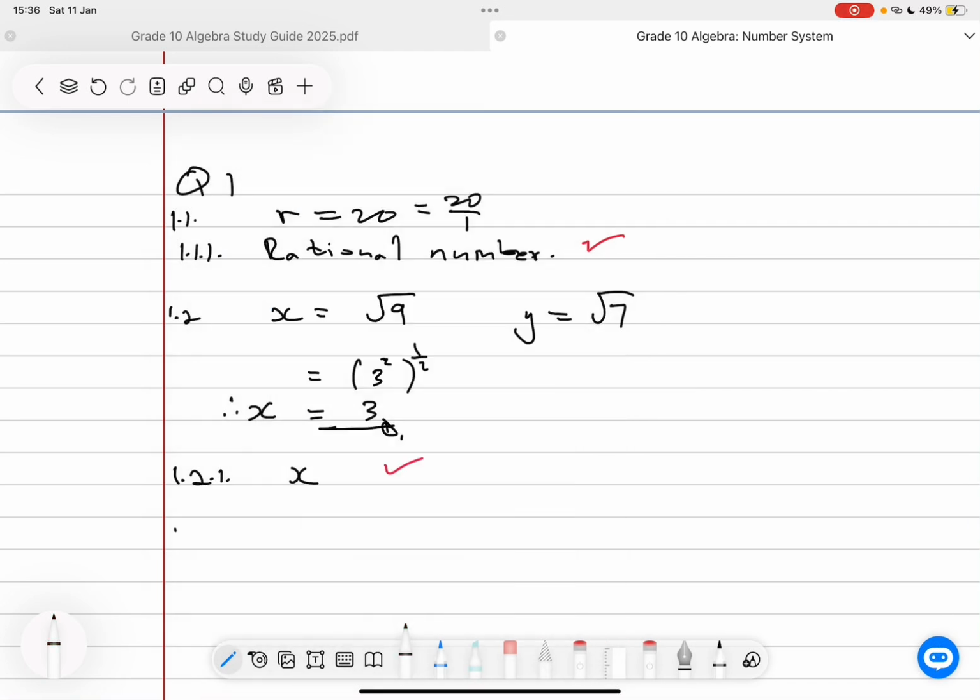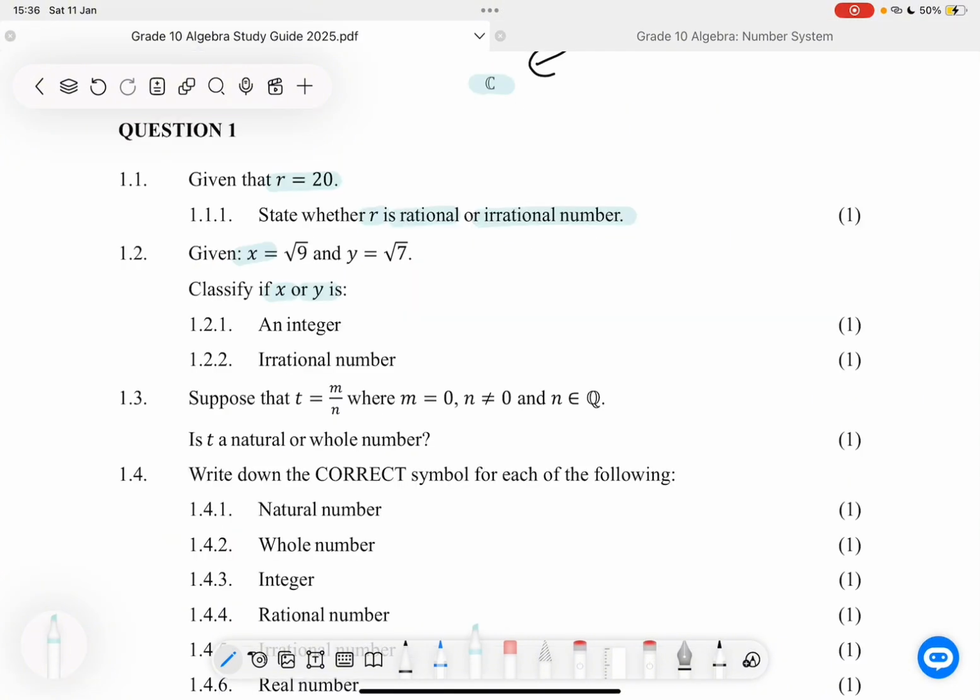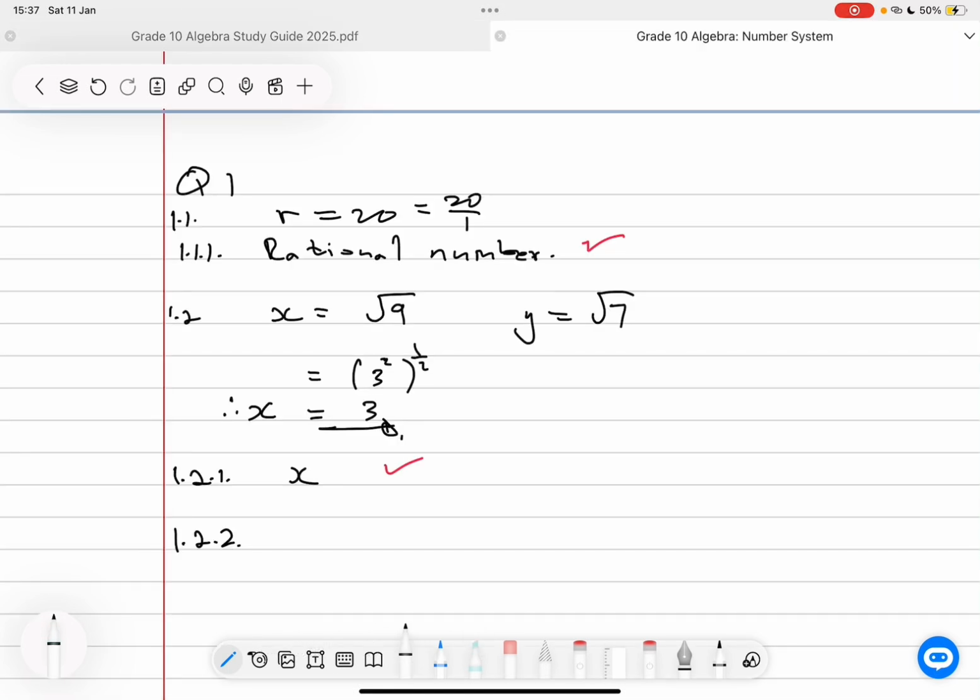Now we go to 1.2.2. It says classify if x or y is irrational. Already we know that y must be irrational because we found x. But let's see. Remember that irrational numbers are the numbers that cannot be written in fraction form. A number like this, you cannot write it in fraction form, right? And when it's a decimal, it is non-terminating and non-recurring.